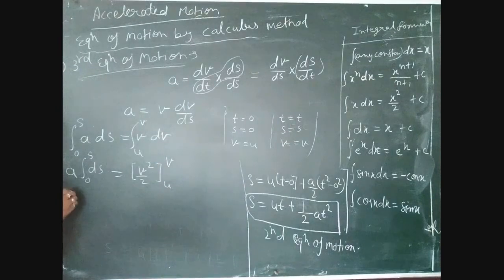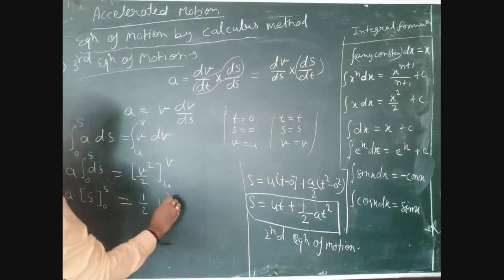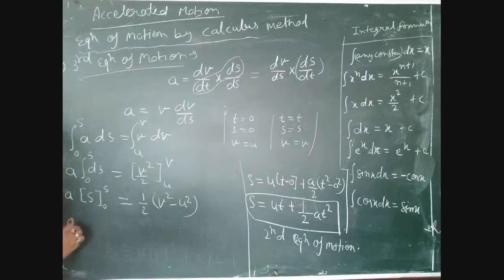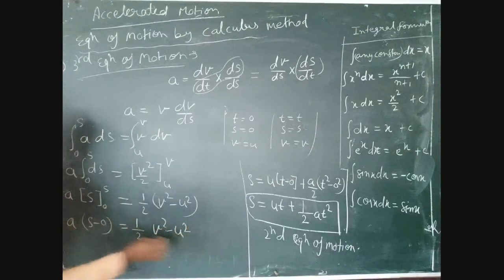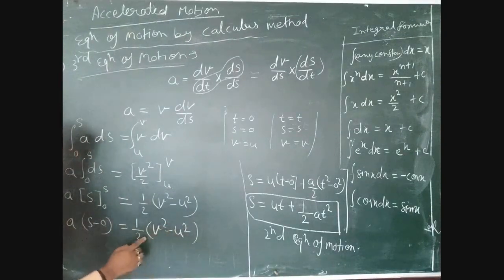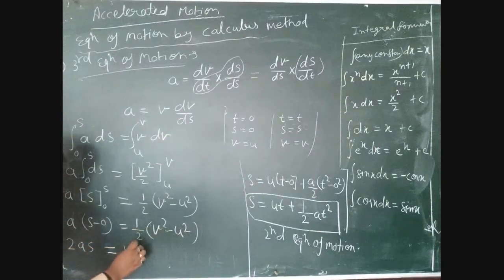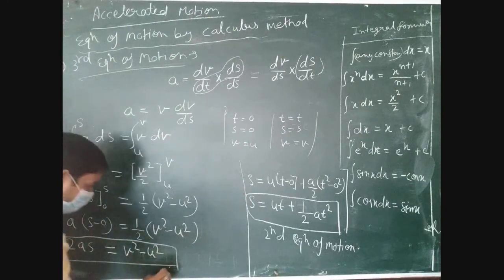Integration of ds is s from 0 to s, and we get 1 by 2 v square minus u square. So a into s minus 0 is 1 by 2 v square minus u square, and by multiplying the half across, you will get 2as is equal to v square minus u square. This is the third equation of motion.